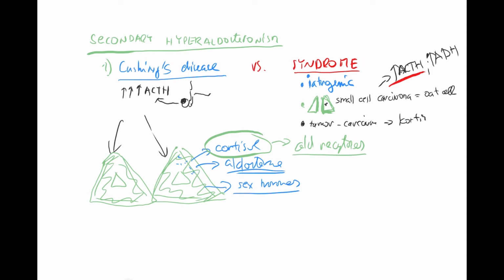So you can have a tumor of the cortex. That would be over here. If I put cortex and lungs, so there's an awful tumor here.